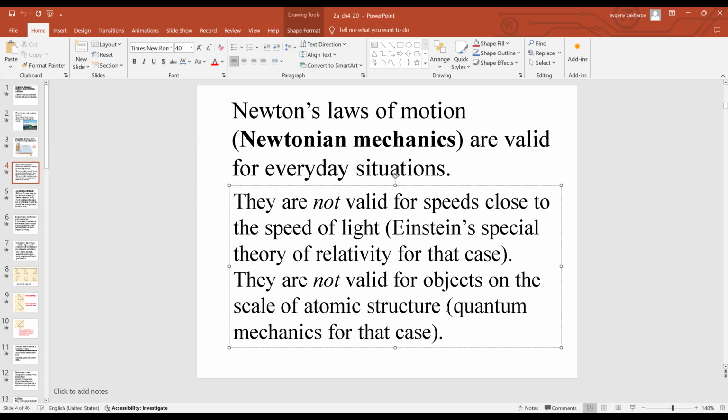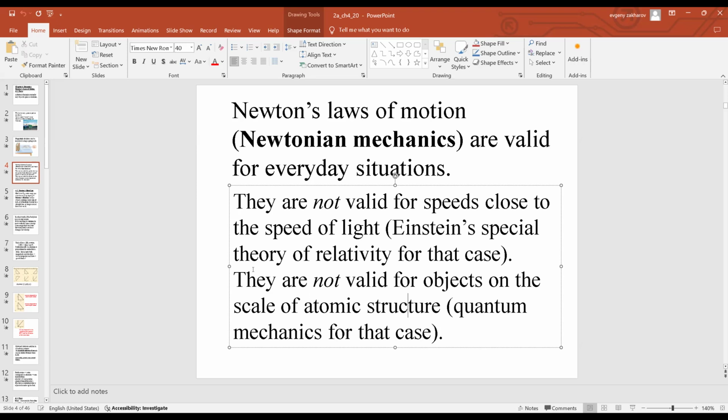And gravity would be the least of all the forces to consider. So if you decide to go to quantum mechanics problems, then Newton's laws would not be very helpful.